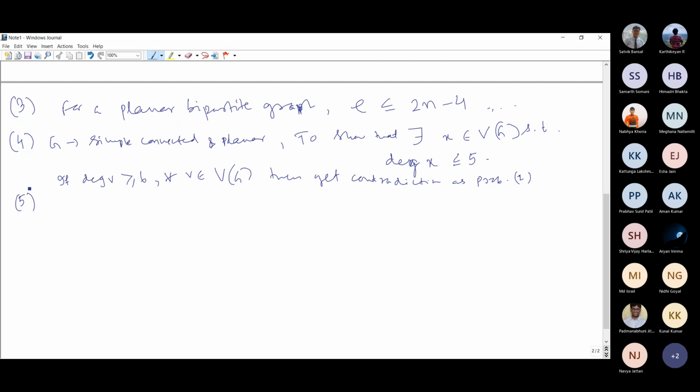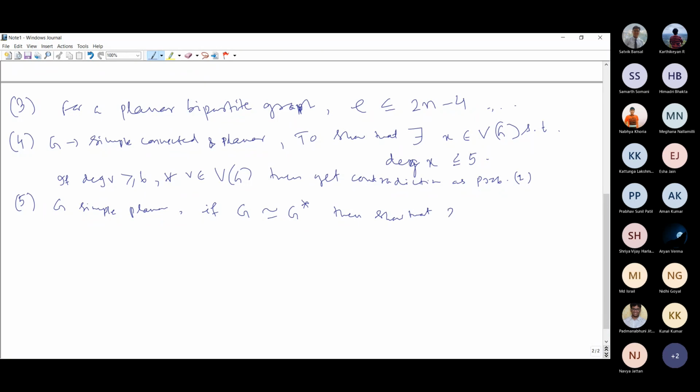Here G is a simple planar graph, and if G is isomorphic to its dual, G star, which is the dual graph, then you have to show that the number of edges will be 2n minus 2.